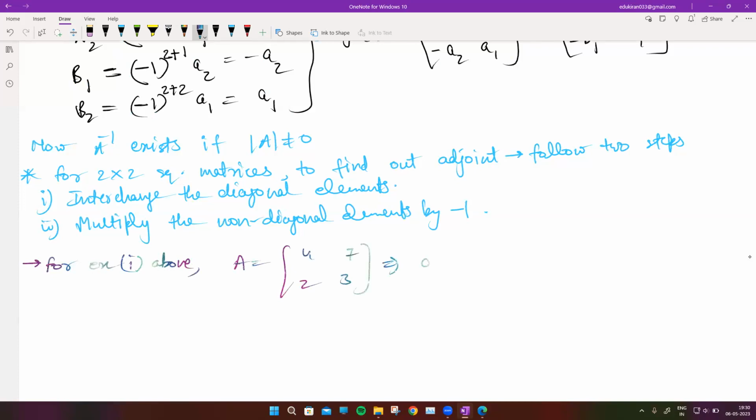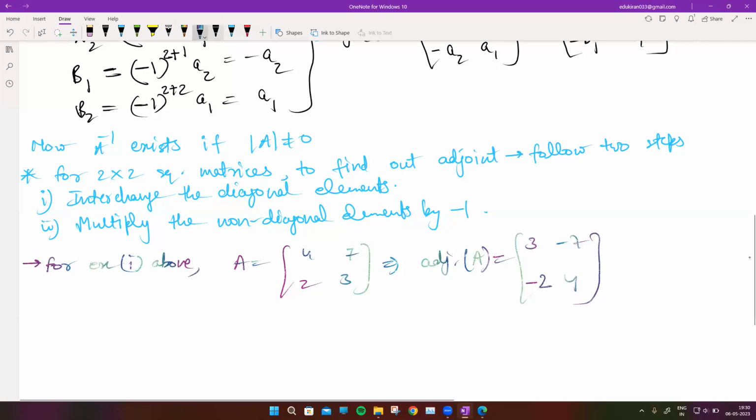Now I can write this adjoint directly. Adjoint of A will be just interchange the diagonal elements. So this would be 3, this would be 4, first step. And then multiply the non-diagonal elements by -1. This would be its adjoint. You can find that through the whole process, but this will remain the same. This will not change. Right? So for finding the adjoint of a 2 cross 2, we just have to follow these 2 steps, which is easy.